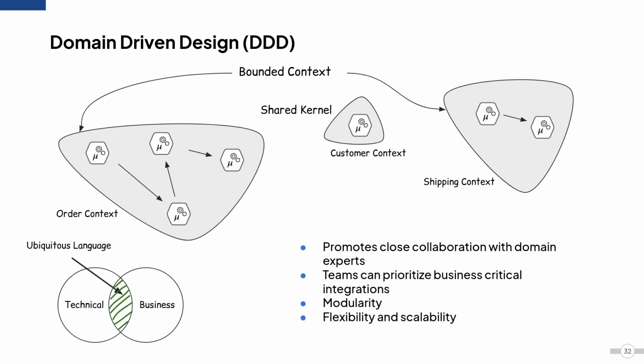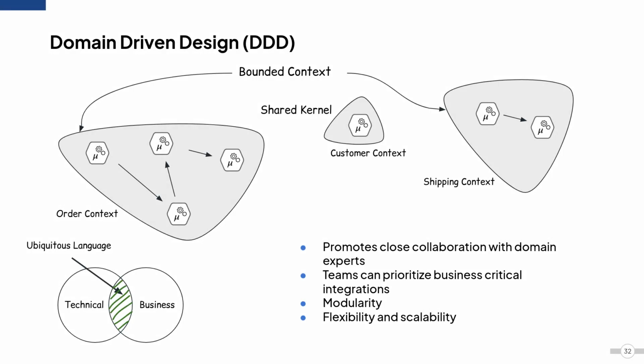It brings modularity into the picture. Flexibility and scalability are handled. But this particular design principle is very suitable for large enterprises with complex business domains and business specifications and so forth. It may not be suitable for a small organization.